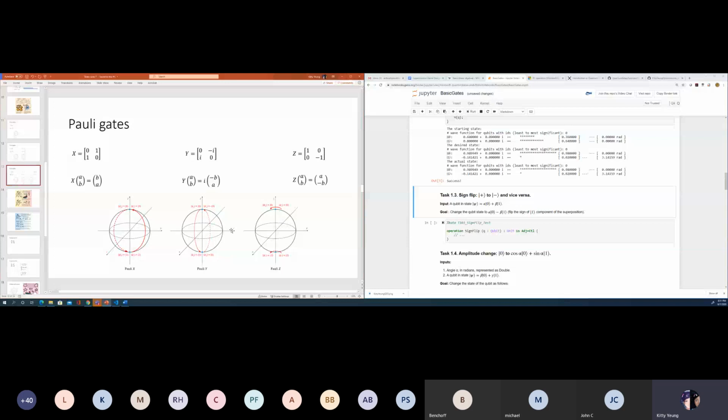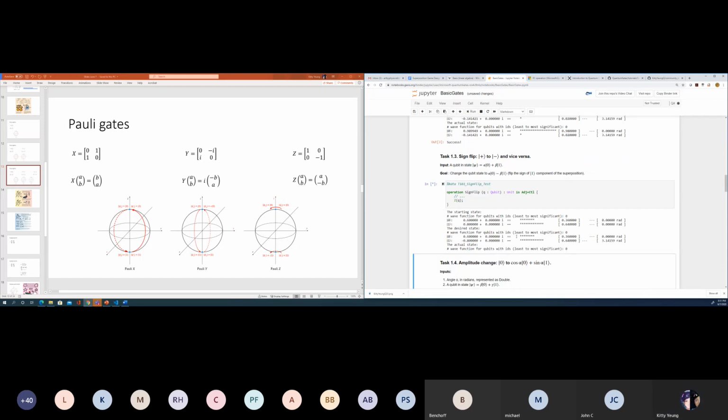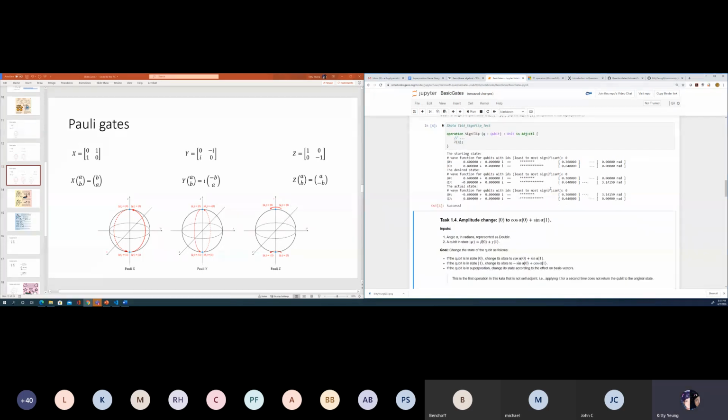On the left here, I'm showing you. This Z gate exactly does that. When you start with just A and B, you will get a negative sign for your 1 state if you apply a Z gate. That's it. It puts a negative sign.